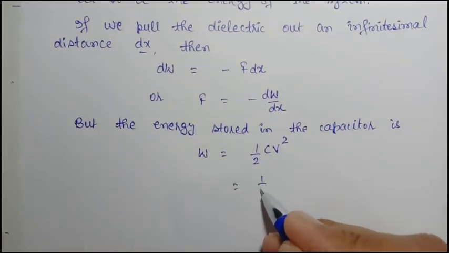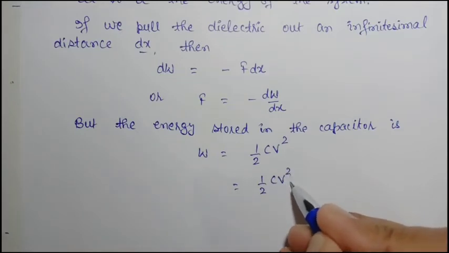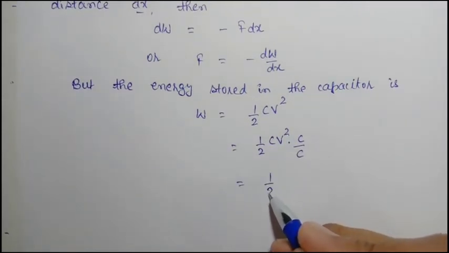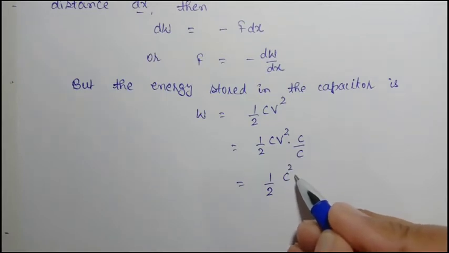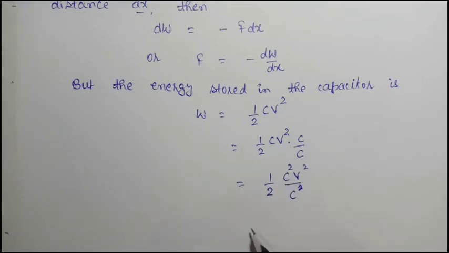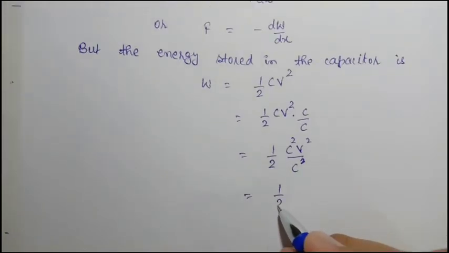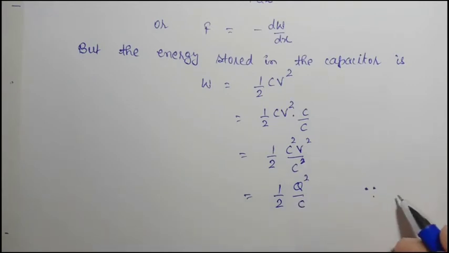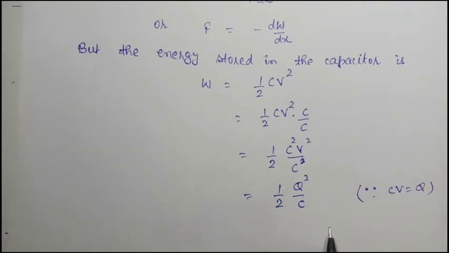We multiply with C and divide by C, then we can write half C square V square over C, and CV is Q, so half Q square over C. Why is it so? Because CV is equal to Q. So here W equals half Q square over C.